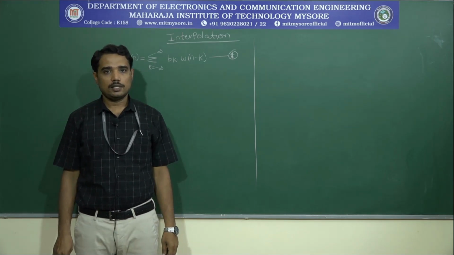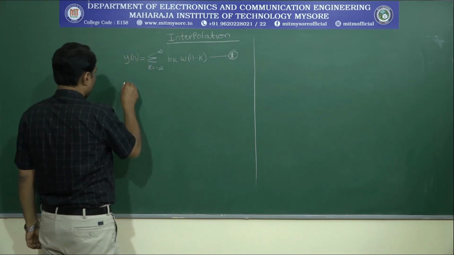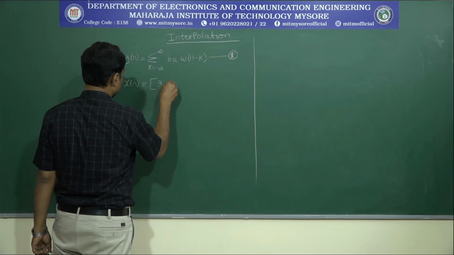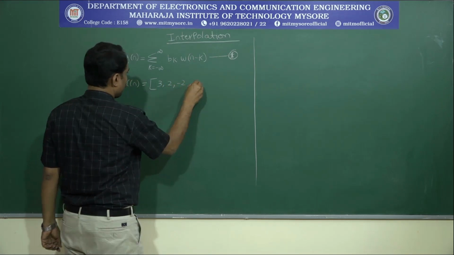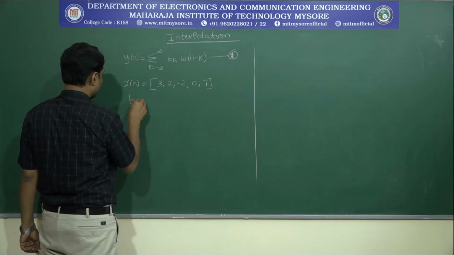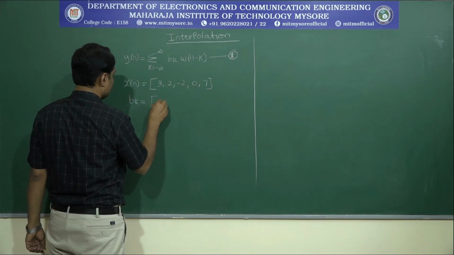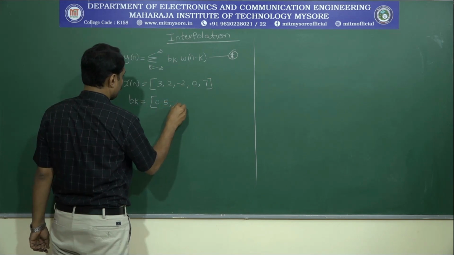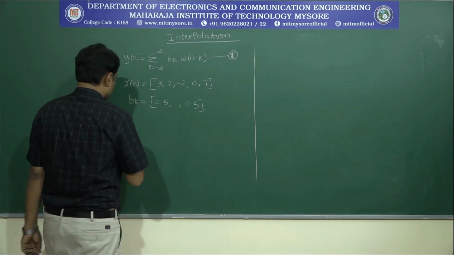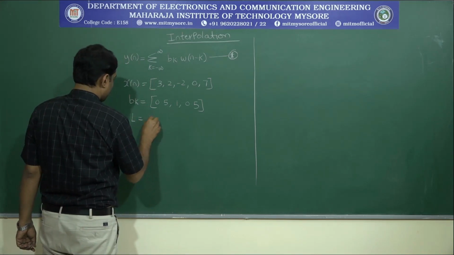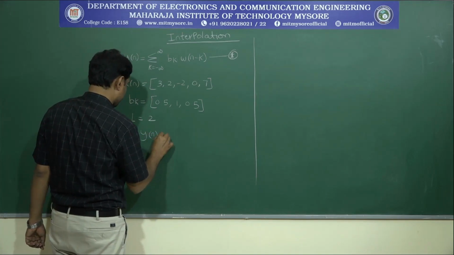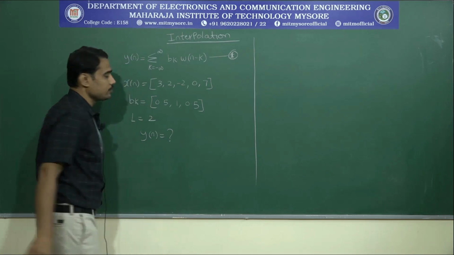Now let us consider the example. x of n is given by 3, 2, minus 2, 0, 7, and the filter coefficient b k is given by 0.5, 1, 0.5, and interpolation factor L is equal to 2, and we have to find out y of n. y of n is equal to question mark.